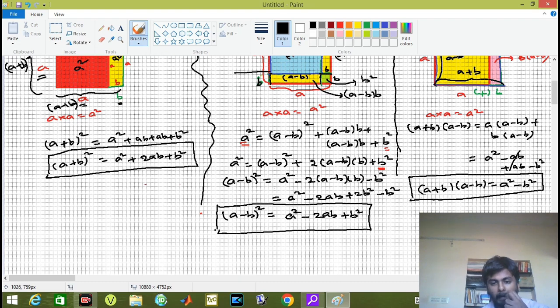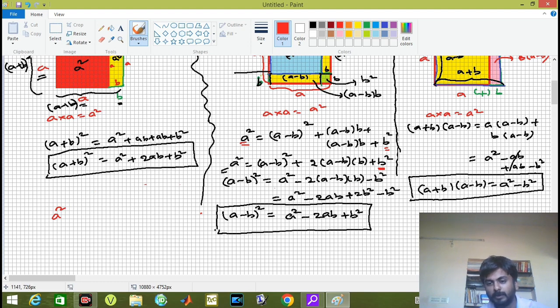Some of you may think we can derive the formula from the second figure itself, since we are having A square as well as B square. But it is not possible to derive the result from the second figure, because it will again give you the second formula and not the third formula.